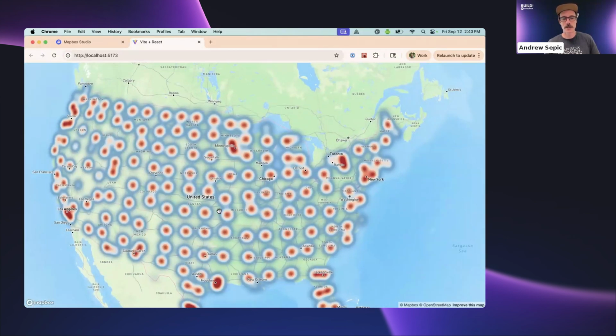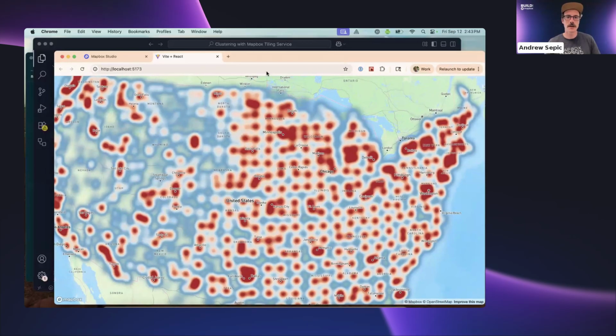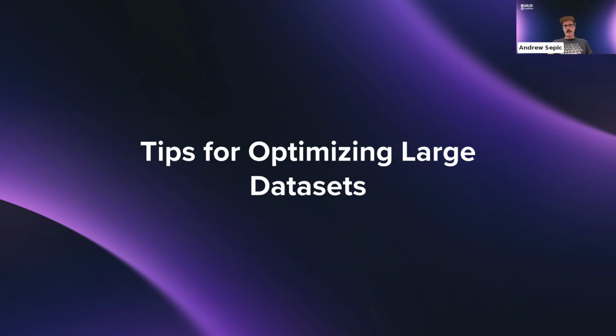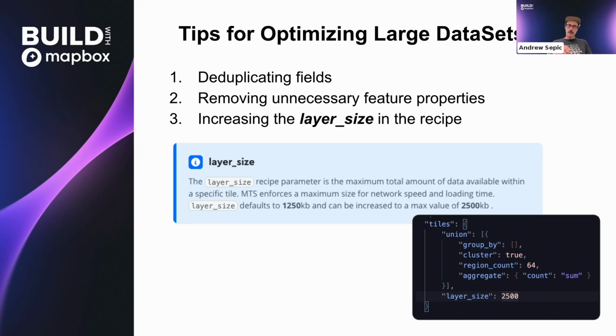So here's our example of clustering with MTS. Let's have a quick look at tips for optimizing large data sets. It is helpful and important to keep in mind that there's a max layer size for MTS. So if your layer size, which is known as the total amount of data available within a specific tile, exceeds by default 1250 kilobytes, MTS will start dropping some of that data.